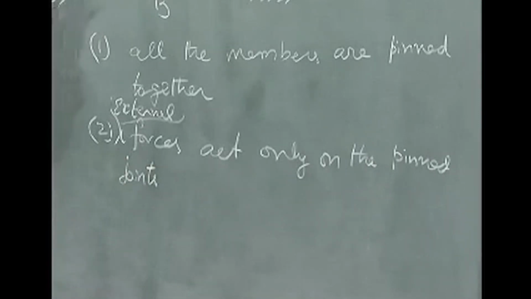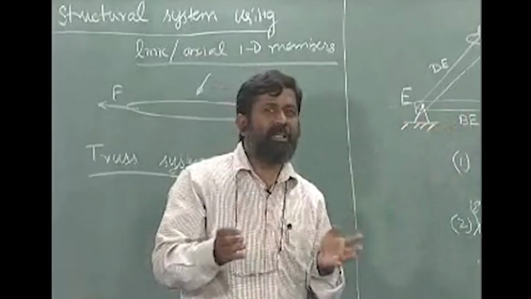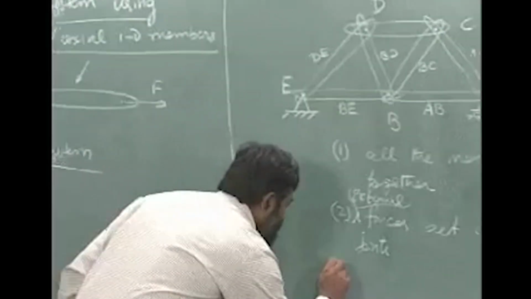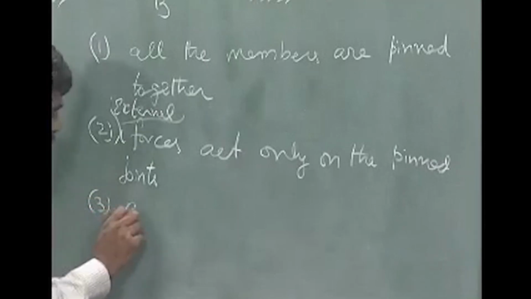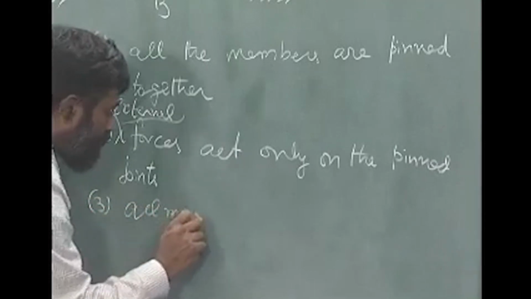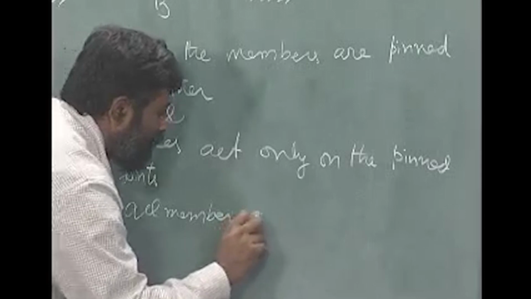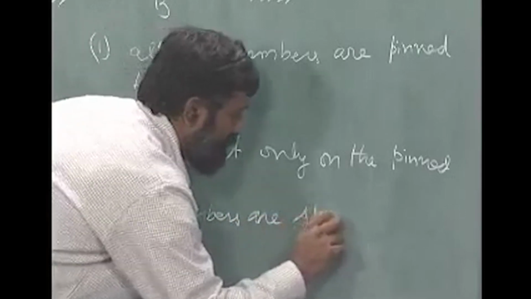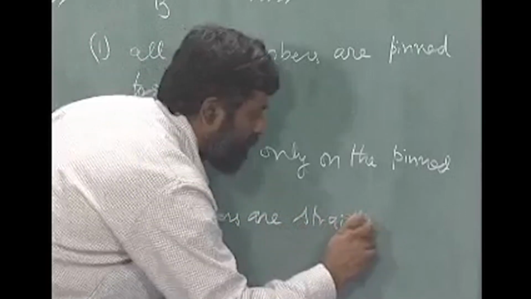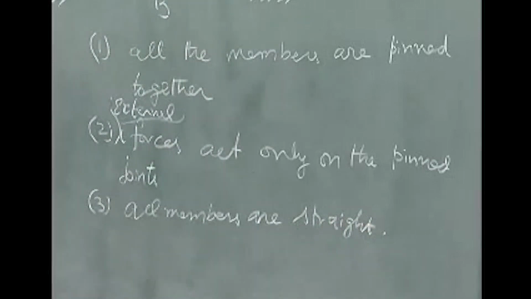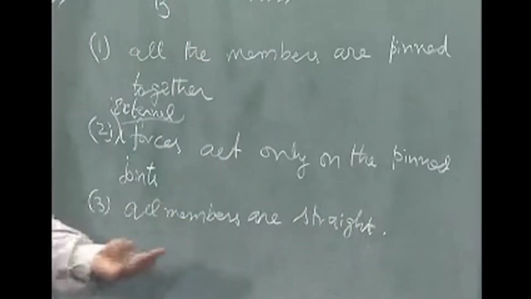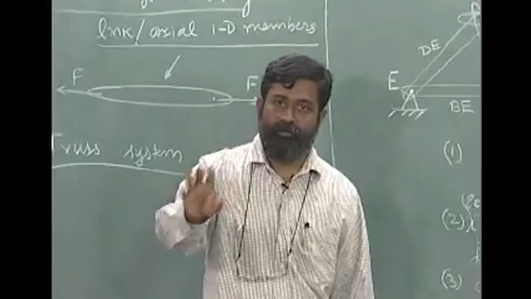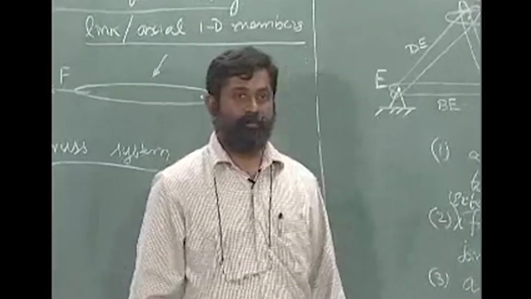We can also impose one more condition, but that is not a necessary condition, that is all members are straight. We will examine what happens if it is not straight at a later stage. I will give that as an exercise for you.